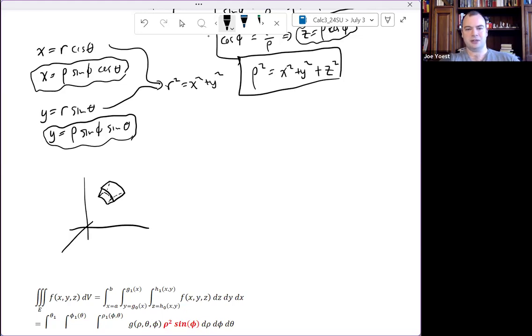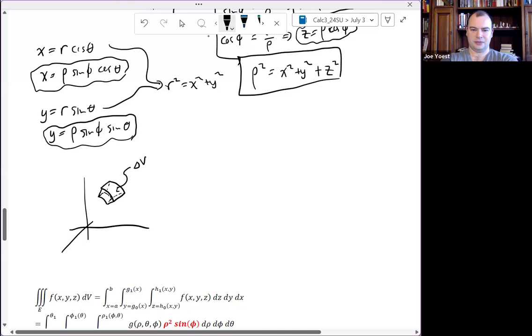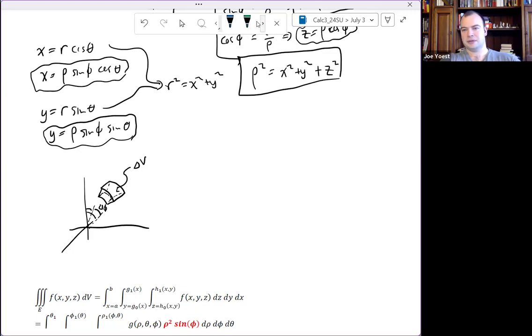So we have this little chunk of volume here, or let me call it delta V. I get this chunk of volume by letting phi go from some phi to another, along a change in angle of delta phi. I'm letting theta sweep out a delta theta.